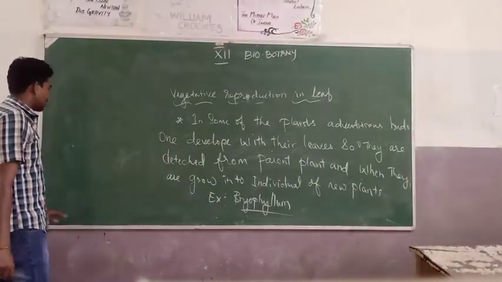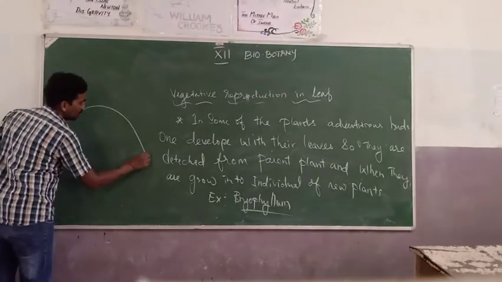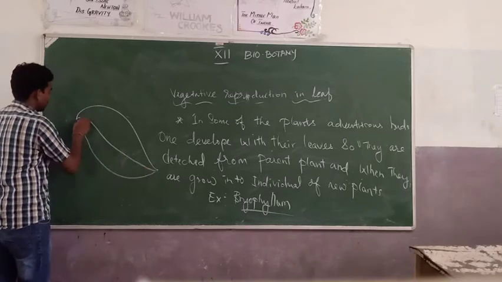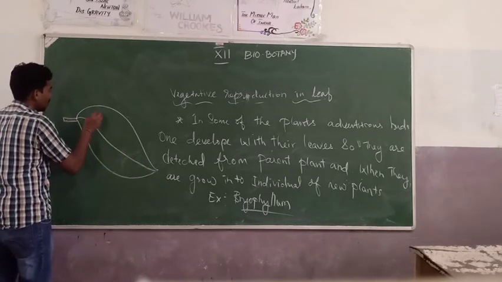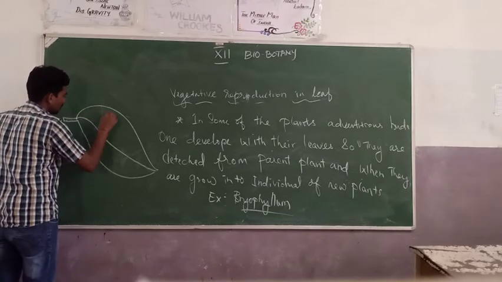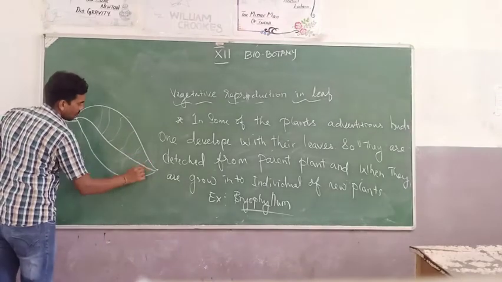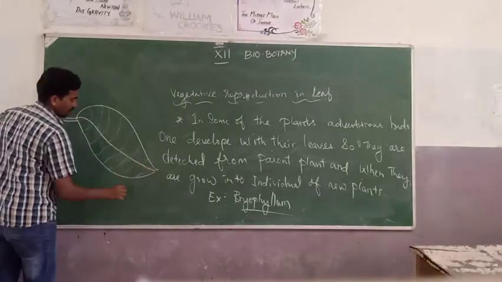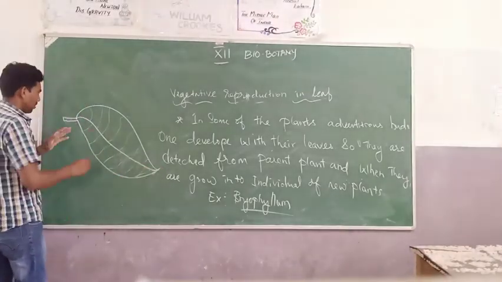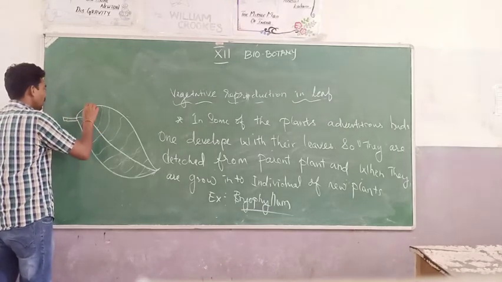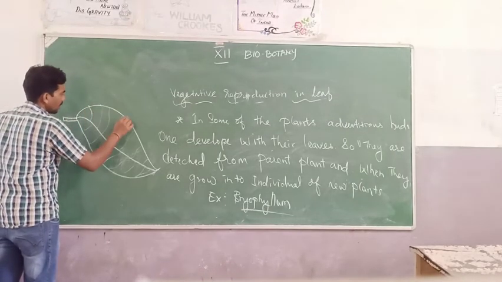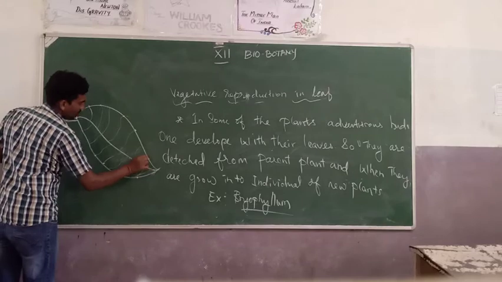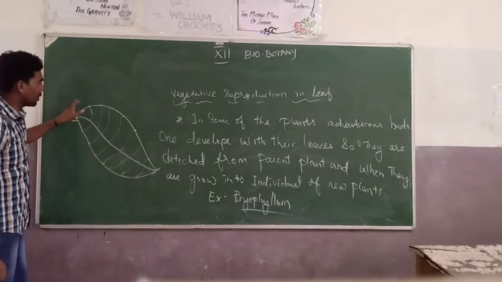So what is the Bryophyllum structure? It looks like a leaf. This is a leaf. In the leaf margin, there are small buds. Each bud develops into a new plant.